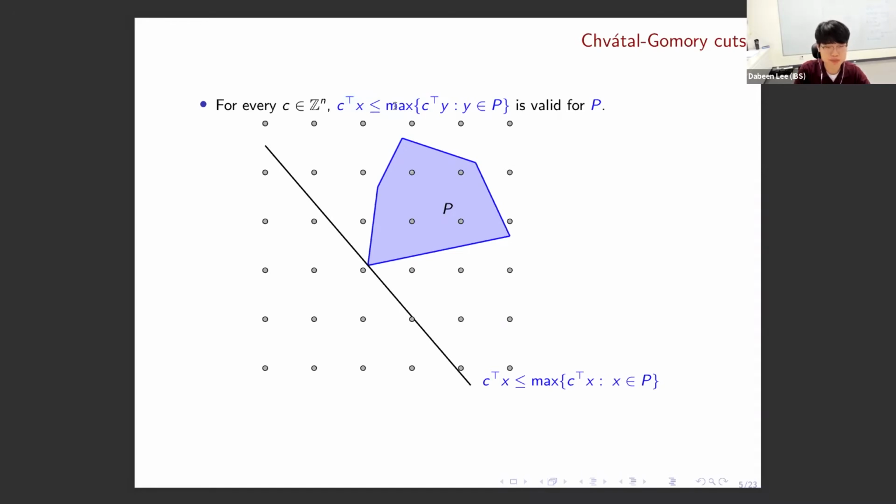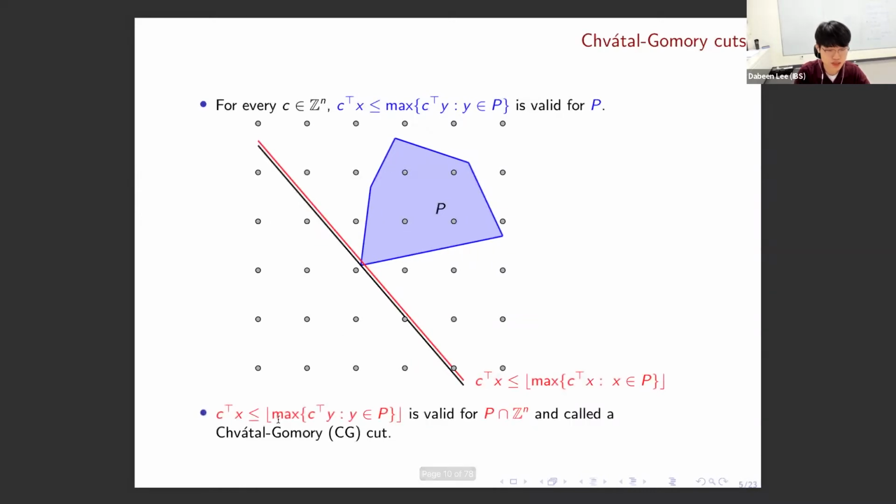But it's possible that the right-hand side is still fractional just because the LP optimal solution has fractional coordinates. In that case, we can round down the right-hand side and we still keep the validity of the inequality for the integer solutions in P. So this is basically the Chvátal-Gomory cut, and throughout this talk, I'm going to call it a CG cut in short.